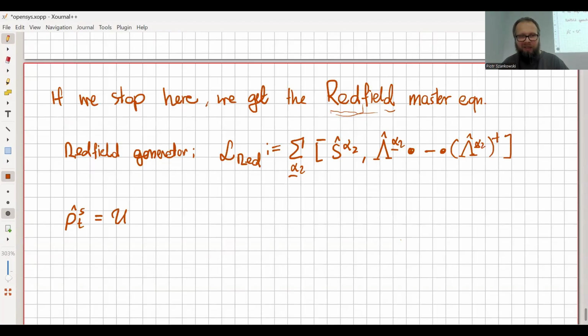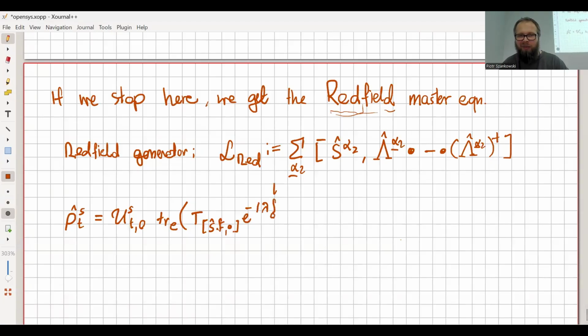We have a free evolution due to the Hamiltonian of the system, and then we have a dynamical map in the interaction picture.